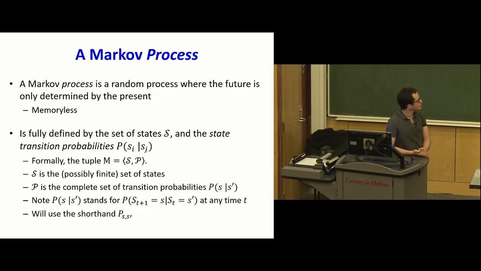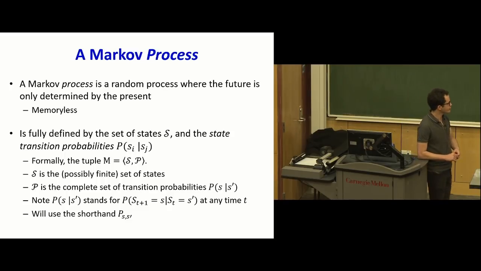If you've got a finite S, which for example for the chessboard is the case, it's very large but it's finite, then the probabilities can be formalized as a transition matrix, which is a stochastic matrix. We have a lot of nice properties that are going to come in handy later.